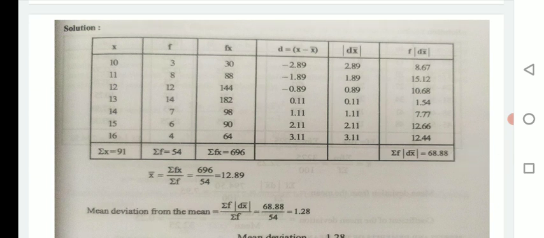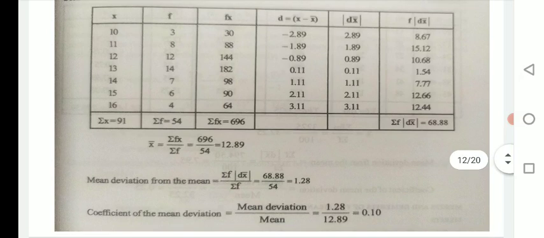After that, by putting all values in the formula you can find the mean deviation. For this problem the mean deviation from mean is 1.28, and the coefficient of mean deviation is 0.10.